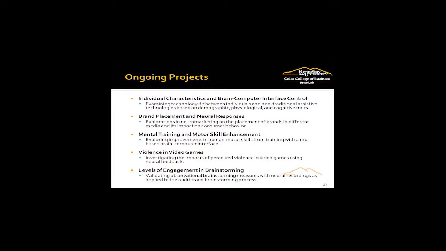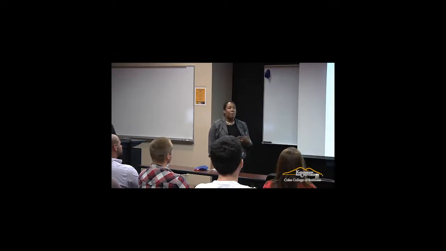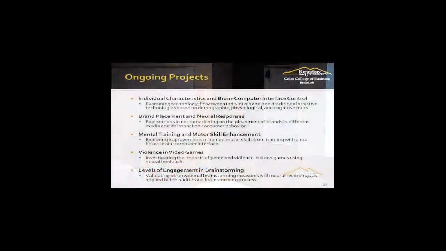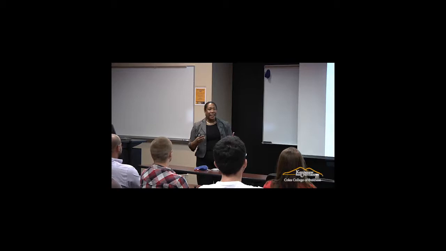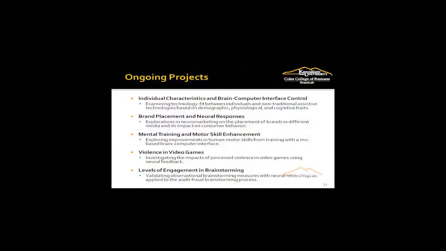One, looking for those pairings between individuals and brain-computer interfaces, and what characteristics help distinguish someone's literacy or ability to control that device. Looking at brand placement, pairing up with my marketing colleagues, but also looking at this link between motor control and your brain control.